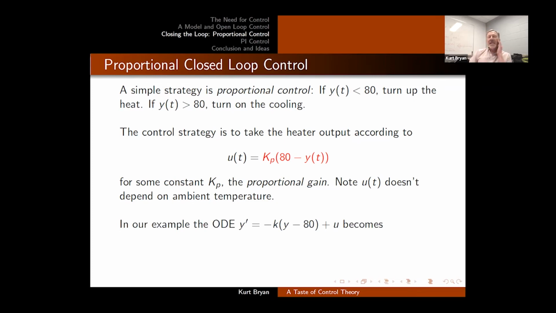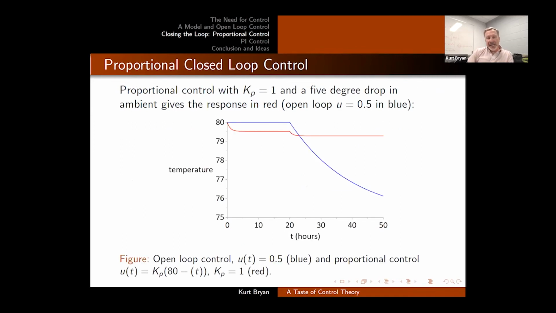Well, let's analyze it. In our ODE that we had before, the controlled ODE becomes this. You've got two terms now: the Newton heat loss to the environment, and the control function U of T. And notice that with a little rearrangement, this is just a simple linear constant coefficient ODE. You don't need any Laplace transforms to solve this, and you can solve it quite easily.